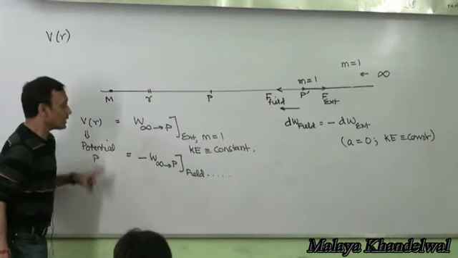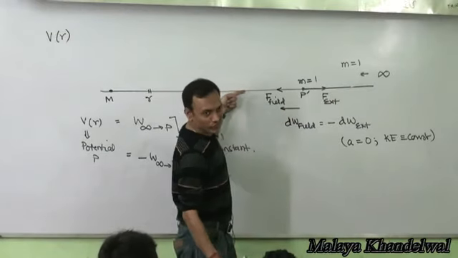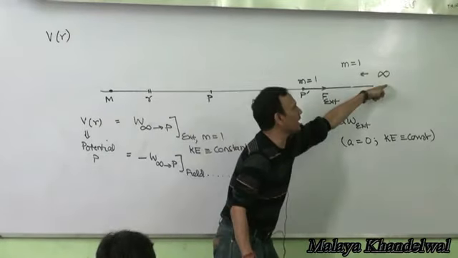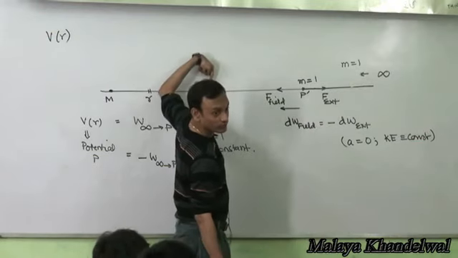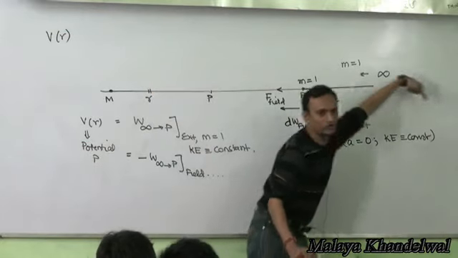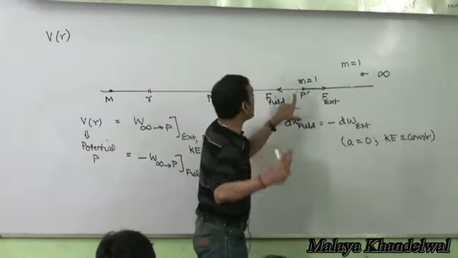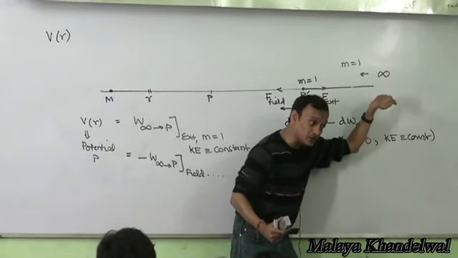Now, realize that the force of the field is leftwards all along. So when you are bringing the particle from infinity to P, then the work done by the field, let's say, is positive, right? You could have imagined the particle going from P to infinity, in which case, at every point, the field will be leftwards, but the displacement would be rightwards.